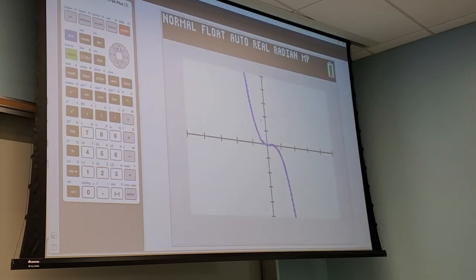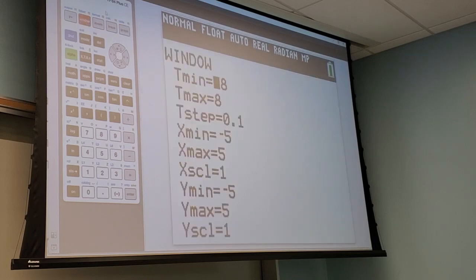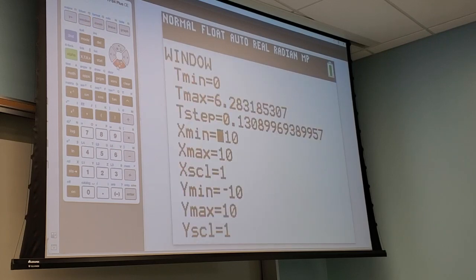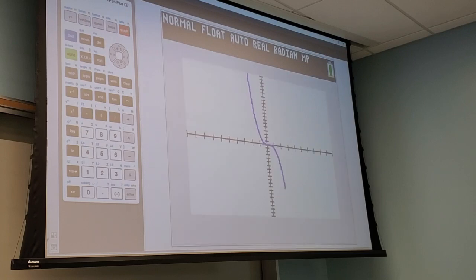Now I get more of the graph, and it's going to stop at x equals 2. So let me zoom out a little bit, y min -20 and y max 20. But it stops at 2, of course.